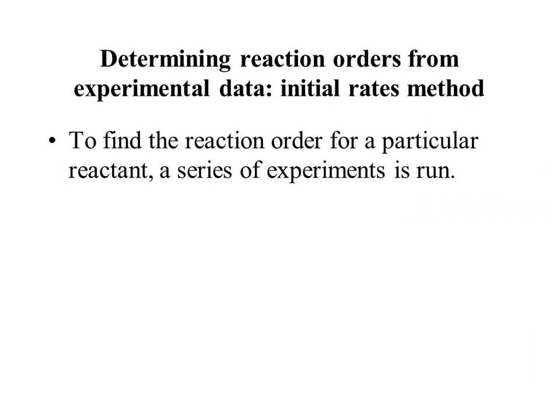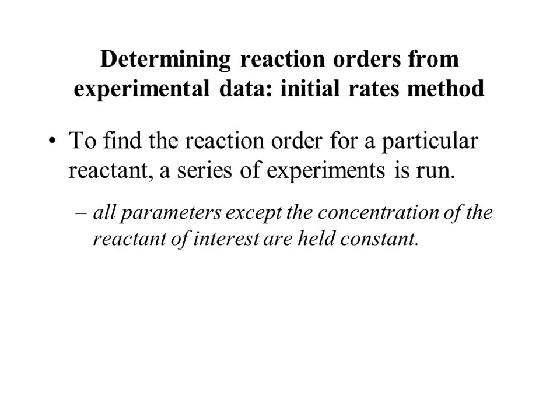So what you'll want to do, we're going to do an example here. And to apply this, basically, you need to find a pair of runs, kind of like the 0.2 and 0.4, a pair of runs where the concentration's been doubled. It's a little bit of a catch because in the example we're going to look at, there's more than one reactant. So in your pair of runs, the only thing that can be changing is the reactant of interest. You have to find it one reaction order at a time.